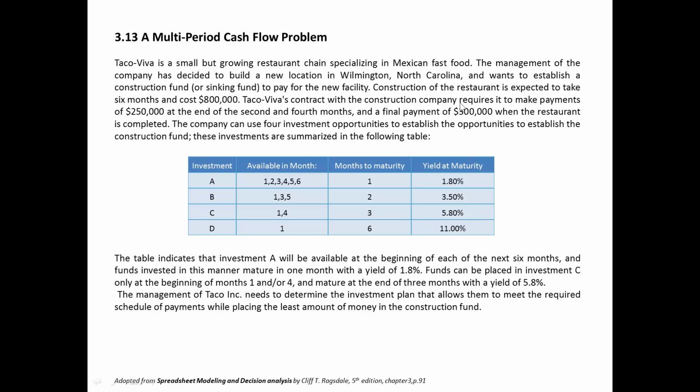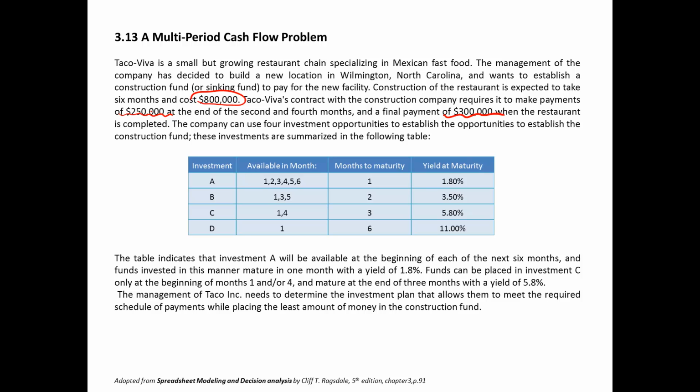They want to build in different locations. So they need to fundraise so they can pay for this, right? And they want to minimize the amount of money that they invest in those funds, so that they can just meet those payments.